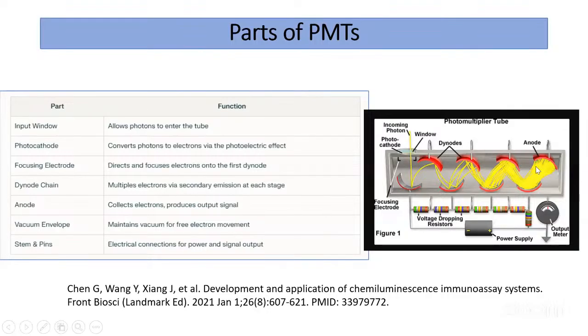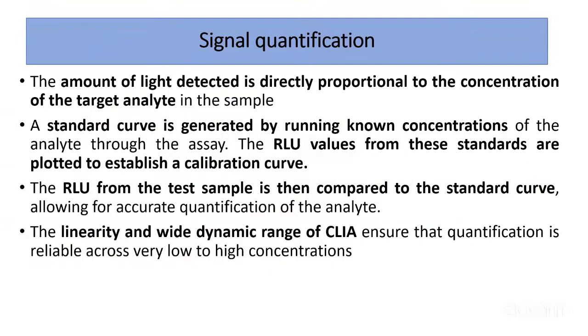There are dynodes and an anode, so that multiple electrons pass through secondary emission at each stage, so that we can detect a good signal in the luminometer. This photocathode will convert photon to electron via the photoelectric effect. So this is in short how you're detecting the light energy and converting it into electrical signals.